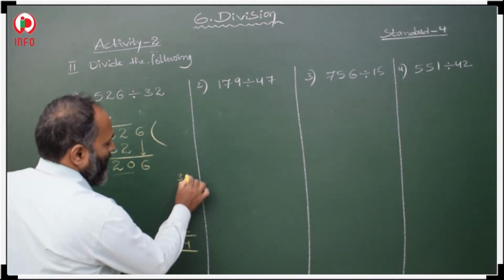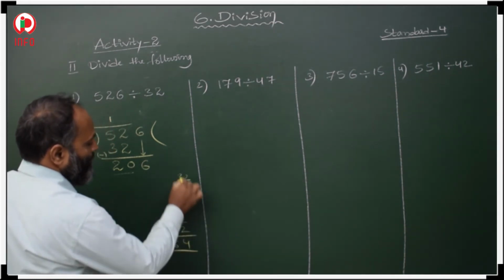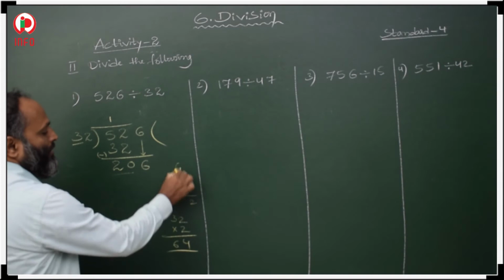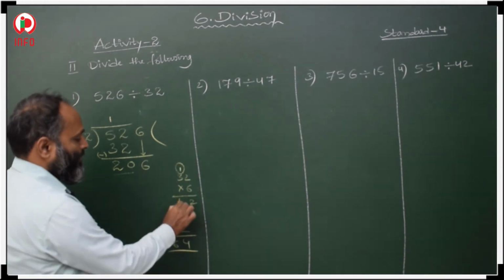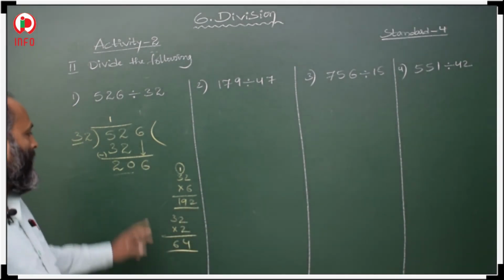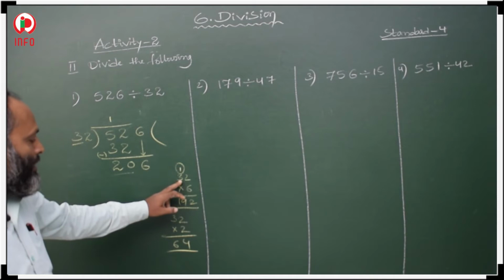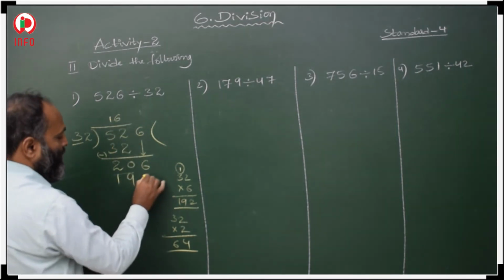Here 32 into 6, 6 twos are 12, 1 here in tens, 6 threes are 18, 18 plus 1 is 19, 192. It means 32 6s are 192.